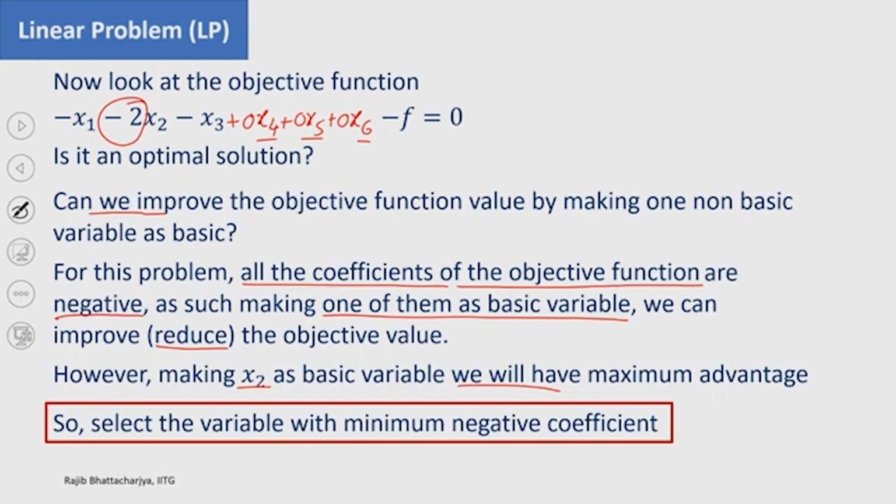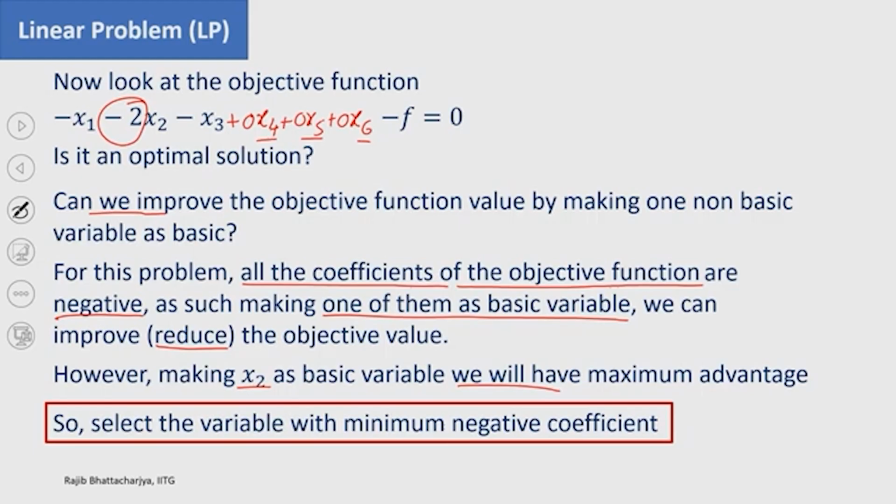But the question is, what is the maximum advantage we will get? We will get the maximum advantage if we consider x2 as a basic variable, because the coefficient of x2 is the minimum out of these three variables. Therefore, the rule is to select the variable with the minimum negative coefficient.